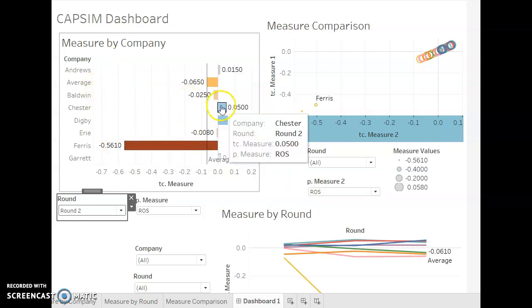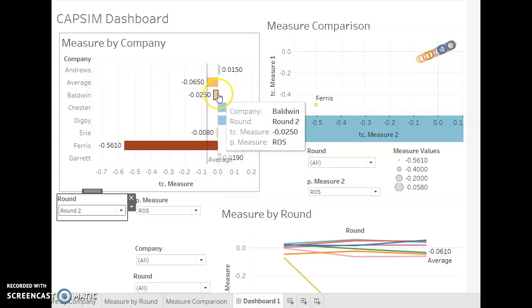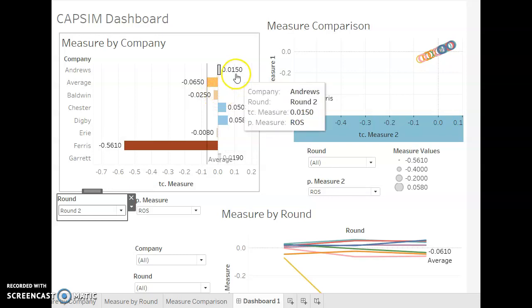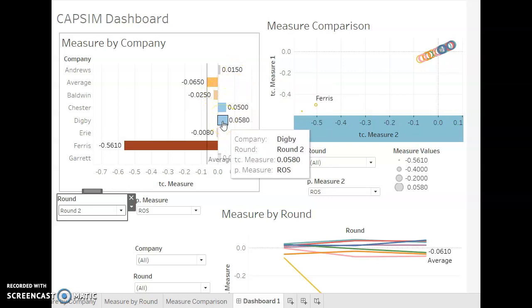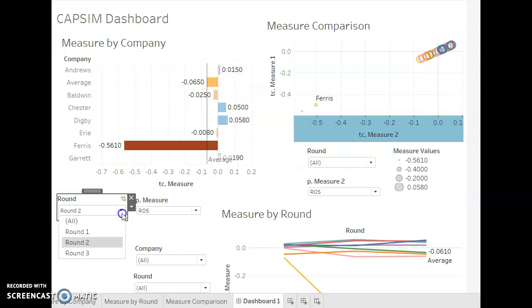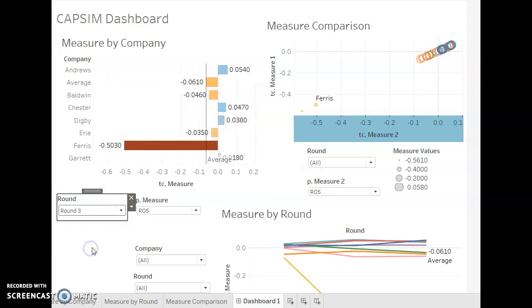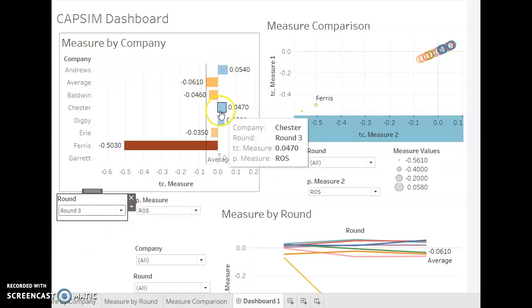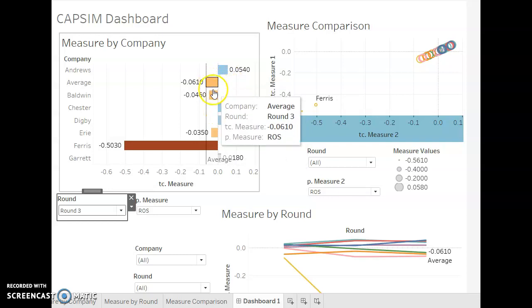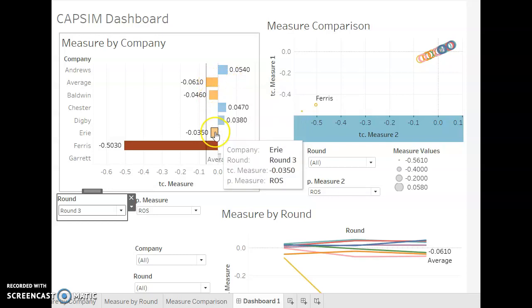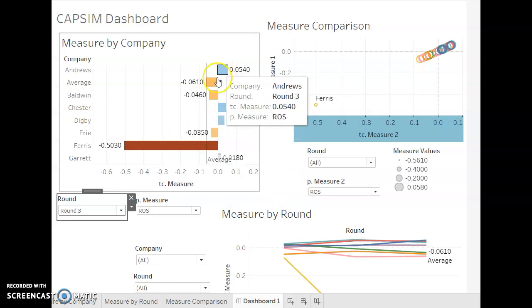However, Baldwin was able to catch up and become a little more on the positive side, with Digby at the top here. And then in round three, the average Baldwin and Erie and Ferris were on the negative side of the line, with Andrews being on top at the end of round three.